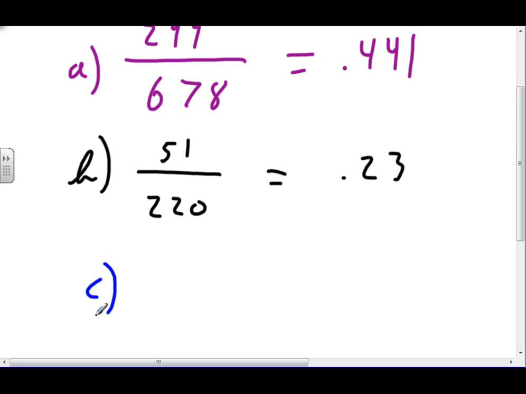Okay, so we need to find the probability that a person is 24 to 26. Alright, so that would be the 299 plus 379.